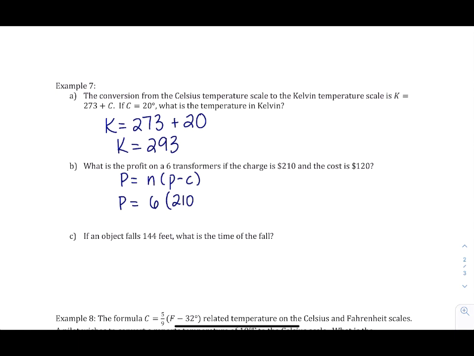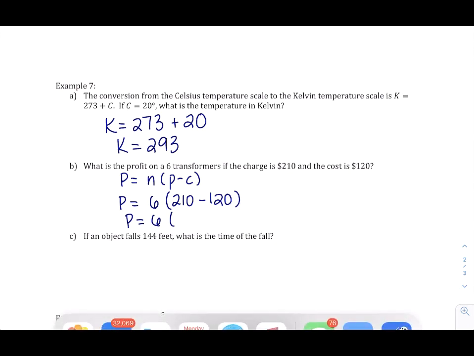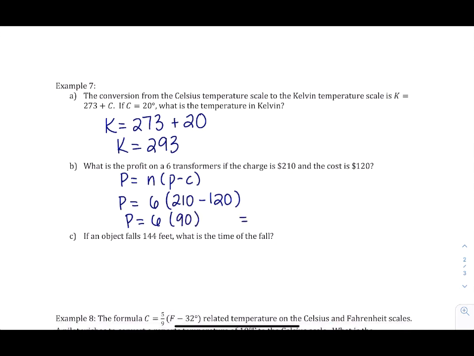They're charging $210. They cost $120 to produce. To evaluate this, we need to do what's in the parentheses first. So 210 minus 120 is 90. And so our profit is 6 times 90, or $540.